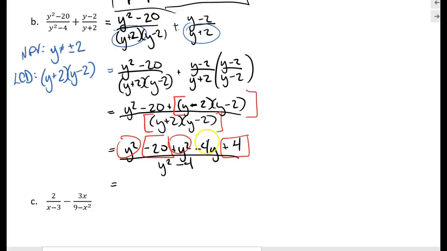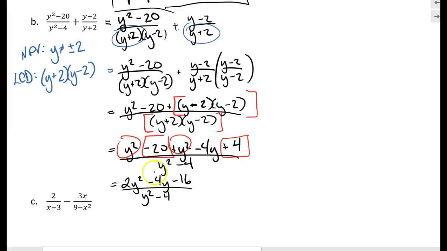Now you can end up with y terms showing up in both of them. That is a possibility. We just haven't run into that yet. 2y squared minus 4y minus 16 all over y squared minus 4.